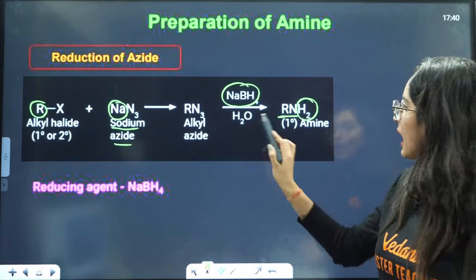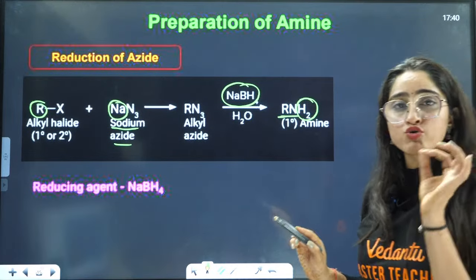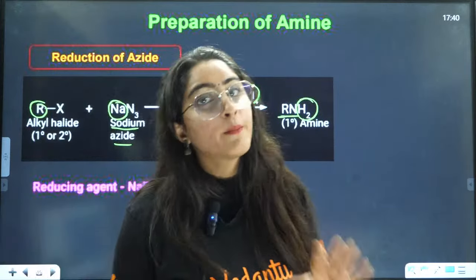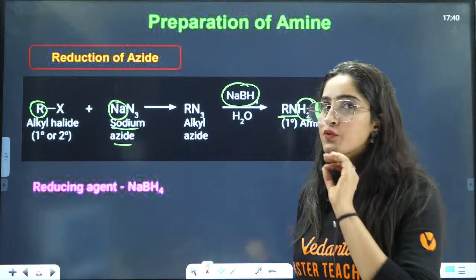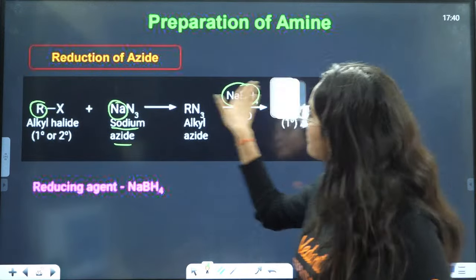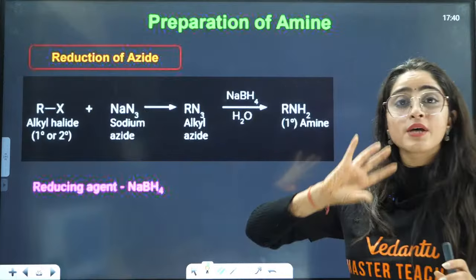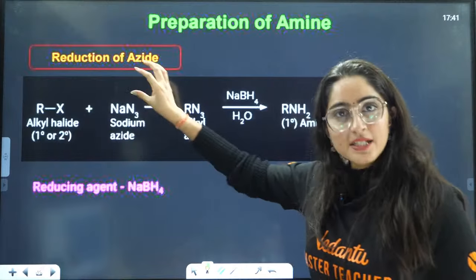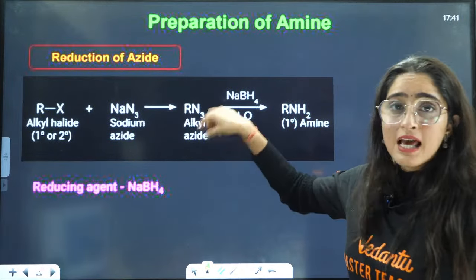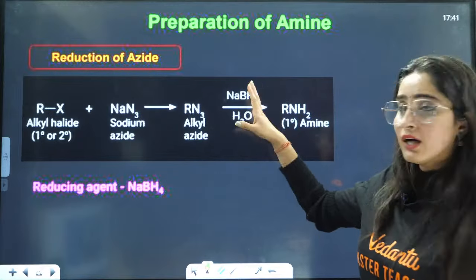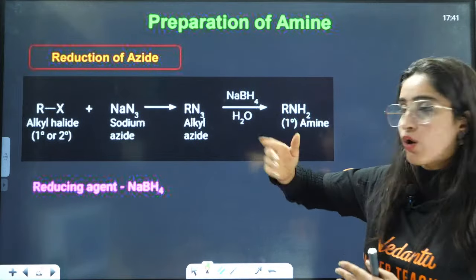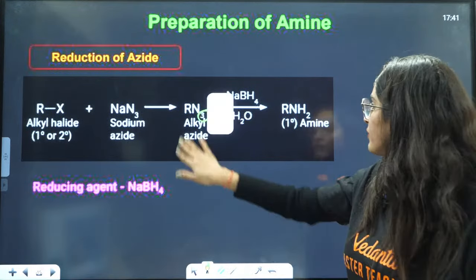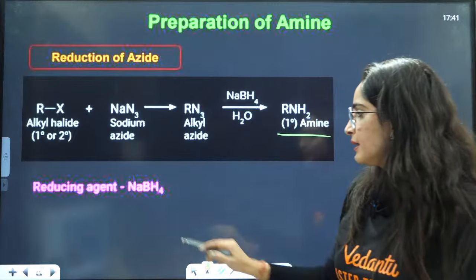That means 2 nitrogens are replaced by hydrogens. The mechanism is not in your syllabus, that is why I'm not doing that. Just simply understand that if somewhere they have mentioned azide, azide will be replaced by the alkyl group. After that, this alkyl azide on the reduction after the hydrolysis will be converted to a 1 degree amine.